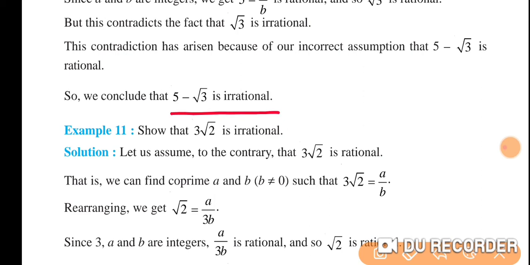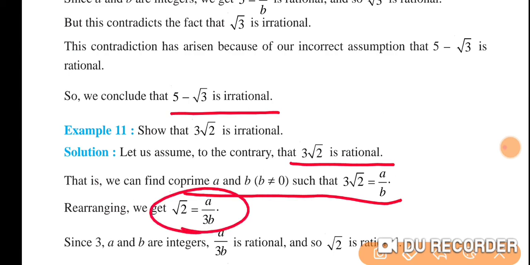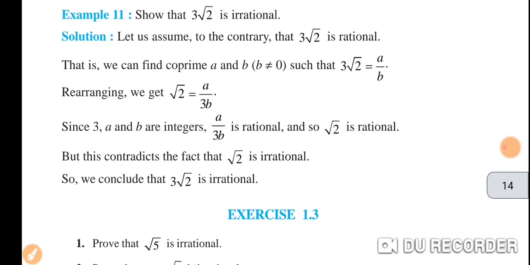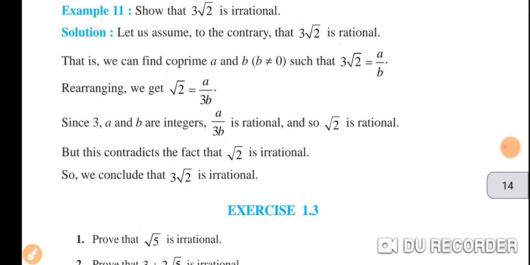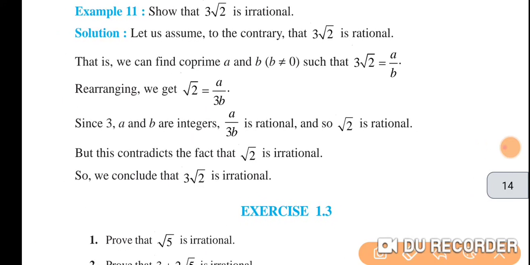Did you understand? The next example. To prove 3 root 2 is irrational, what will you do? You will assume that 3 root 2 is rational. If it is rational, let it be equal to a upon b, where a and b are co-prime and b is not equal to 0. That means root 2 will be a upon 3b. In this statement, a and b are integers, correct?